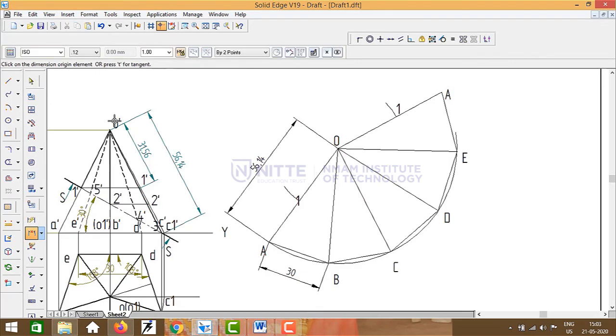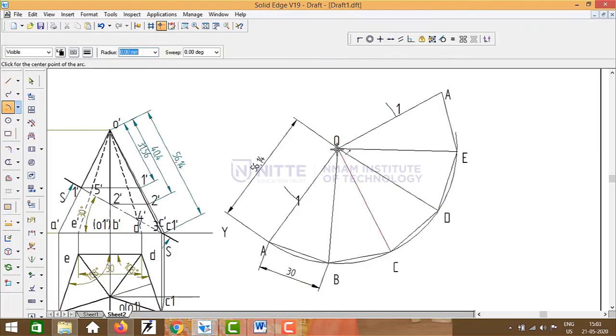Measure the distance between O dash and this slant edge dimension 2 dash. So it is 40.4. So O to 2 distance is 40.4. So go to arc by center point from O, give the radius 40.4 and cut the arc here. So this will be the point 2.